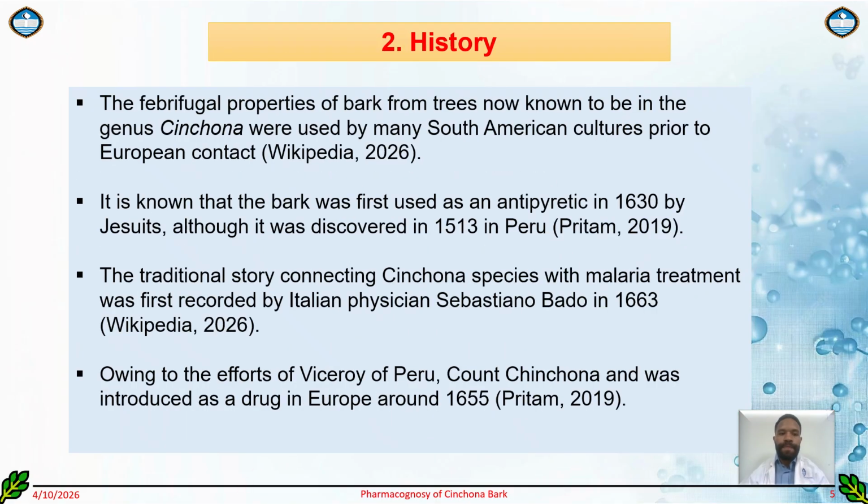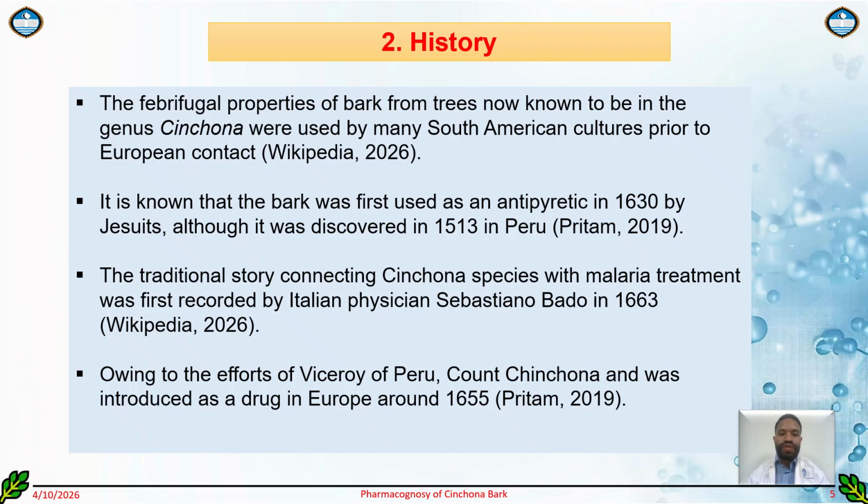2. History. The febrifugal properties of bark from trees now known to be in the genus Cinchona were used by many South American cultures prior to European contact. It is known that the bark was first used as an antibiotic in 1630 by Jesuits, although it was discovered in 1513 in Peru.